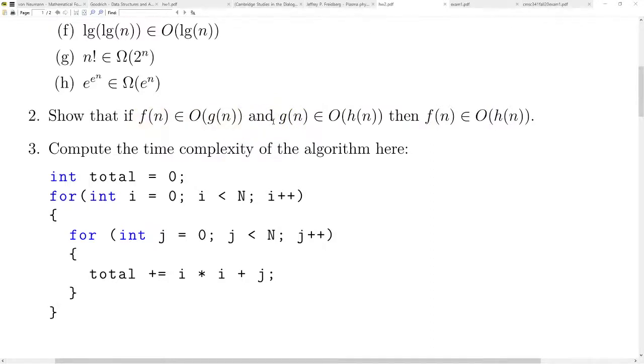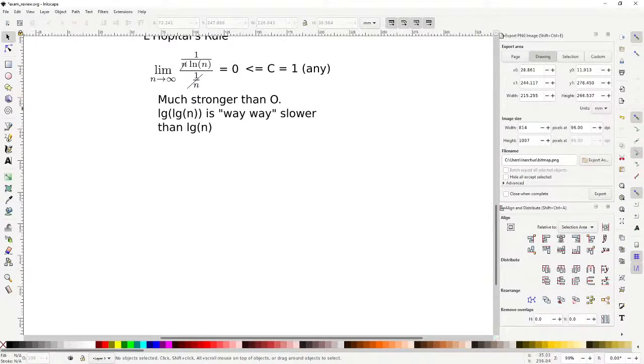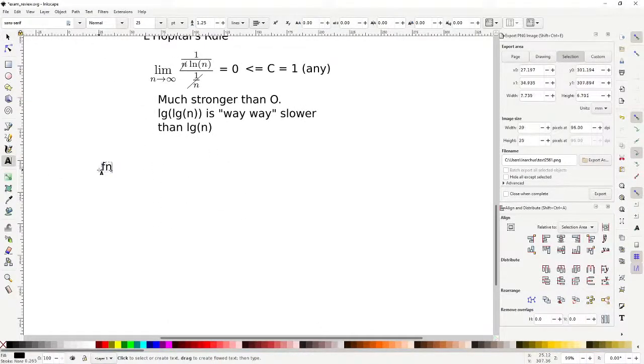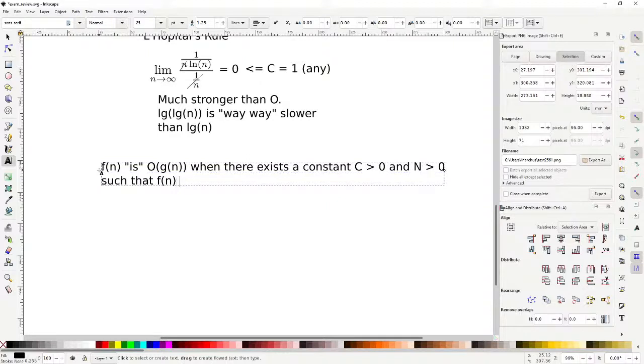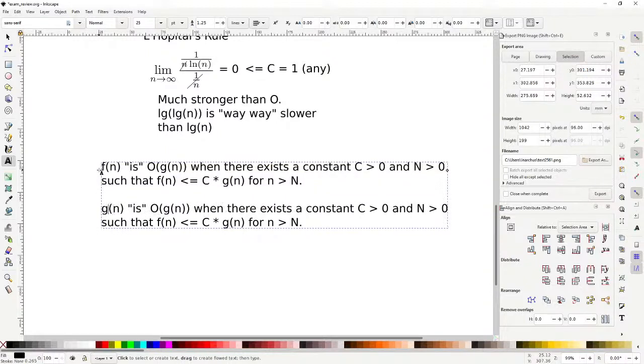The definition is this: f of n is big O of g of n when there exists a constant c and n, both bigger than 0, such that f of n is less than or equal to c times g of n, for little n bigger than big N, right? And then you would say the exact same thing, only you would say g of n is big O of h of n when the same holds.